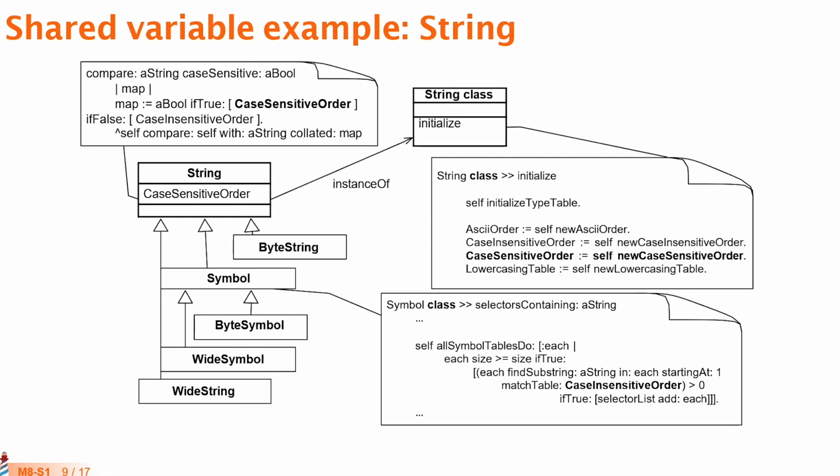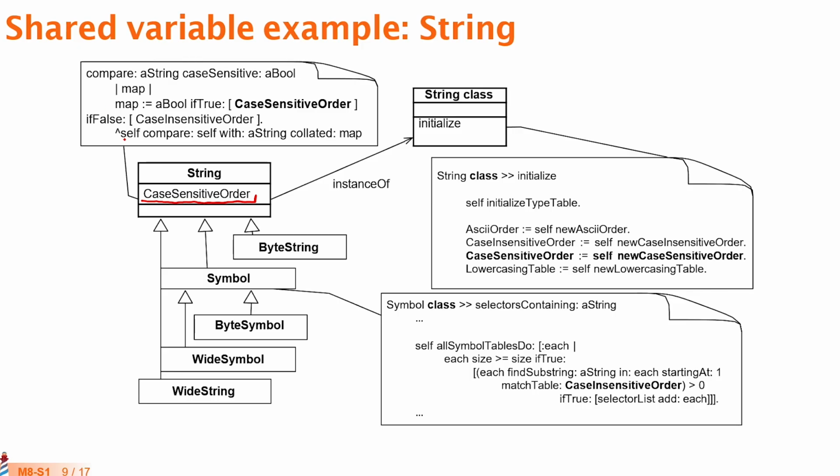So if you take another example like a String, the class String defines one shared variable that is called CaseSensitiveOrder. So this means that when you want to compare strings, you can say, do you care about the case or not?